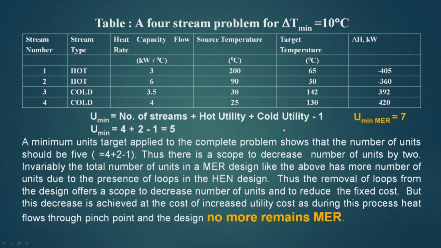So, it tells that if I am not going for MER design, then I have scope to decrease the number of units by 2. That means there is a possibility that the heat exchanger network's cost will be less if I go for a non-MER design, but a non-MER design will always consume more utilities than a MER design.